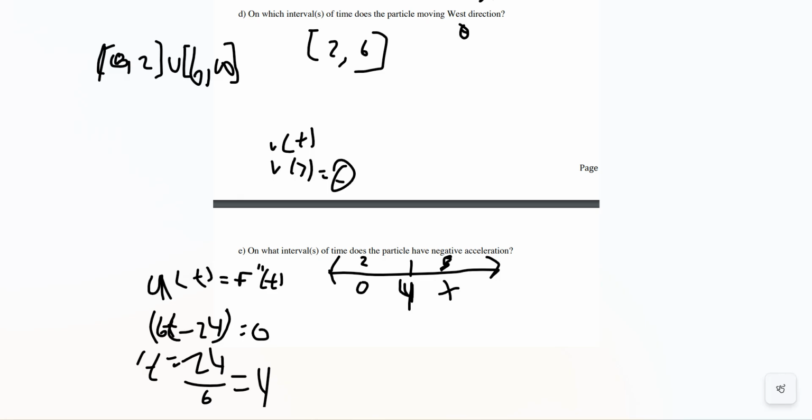And when 6 times 2 is 12, minus 24, it's going to be negative. Those are some quick observations. So now that we know where it has negative acceleration, it is 0 to 4 that the acceleration is negative.